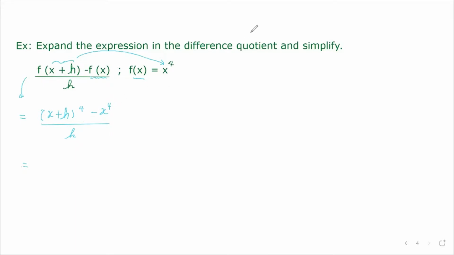Okay. So in this case, take a look. We use this one, right? Expand this one by using the binomial theorem. I write down here: x plus h power 4. Then you use the formula, right? n equals 4, correct?